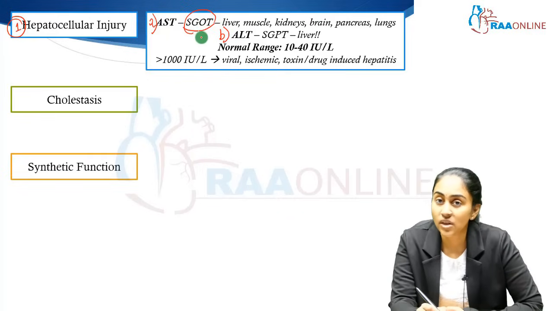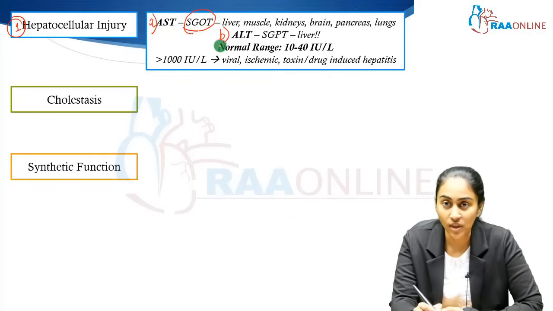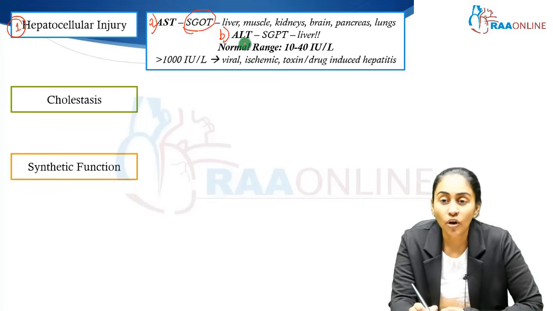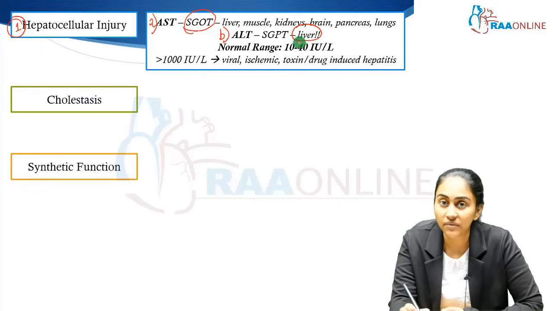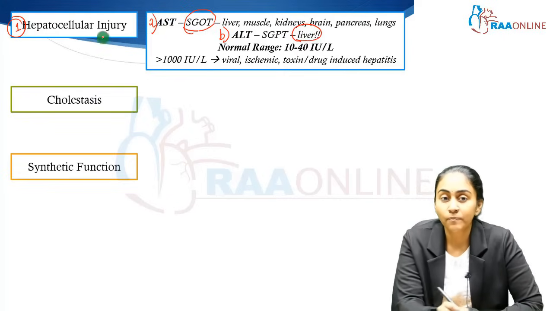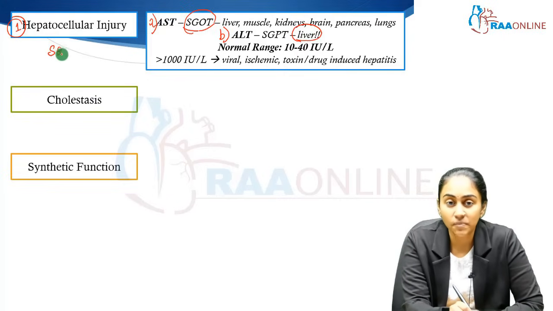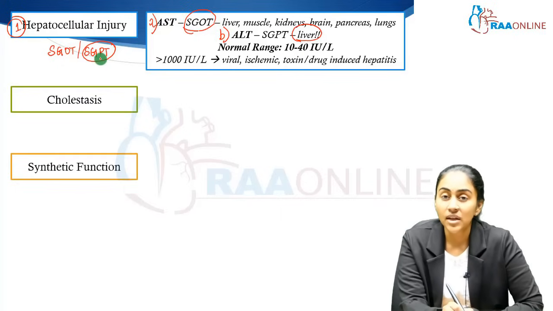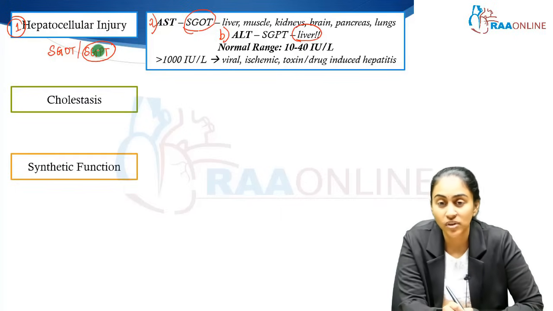Therefore, an elevation in the SGOT is not very specific to the liver, whereas ALT, alanine transaminase, is largely produced in the liver and hence is more specific for a liver injury. So both SGOT and SGPT are markers of hepatocellular injury, but because SGPT is produced predominantly by the liver, it is slightly more specific than SGOT for hepatocellular injury.